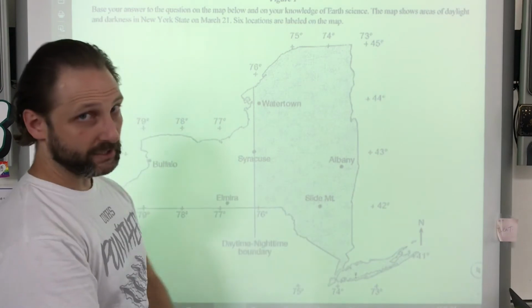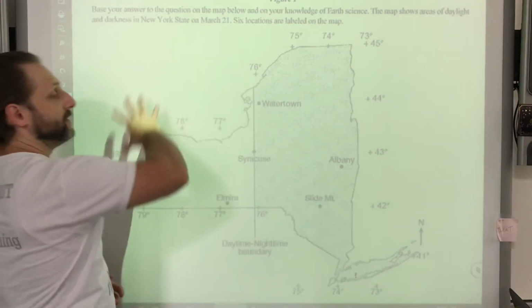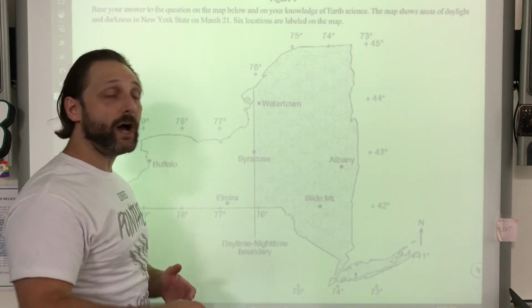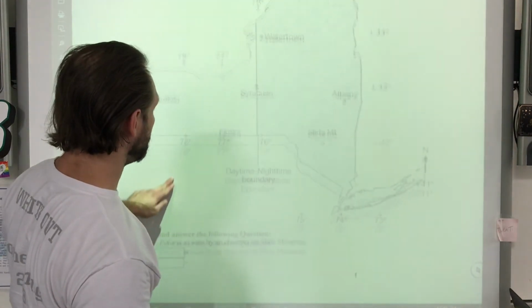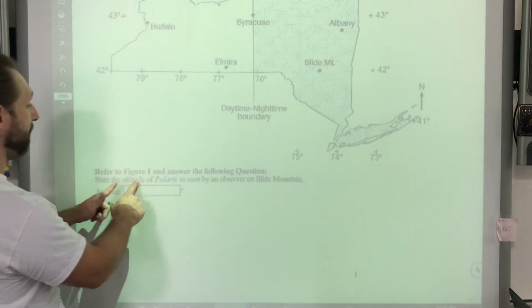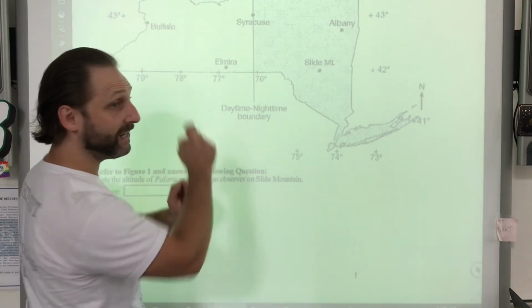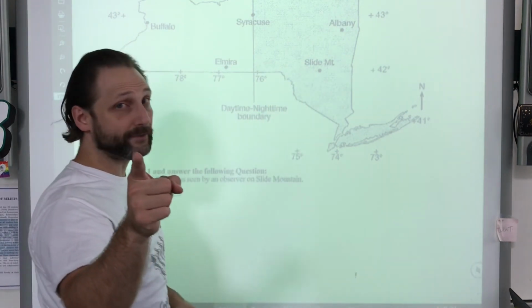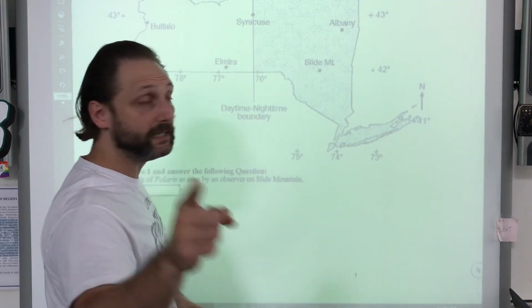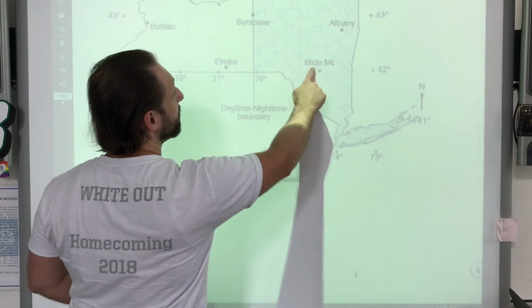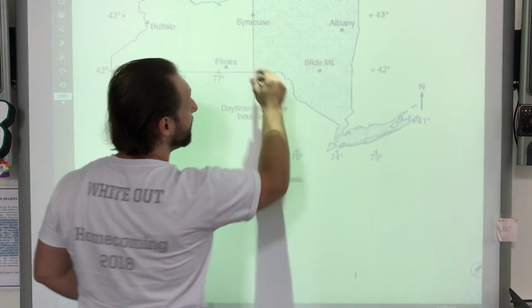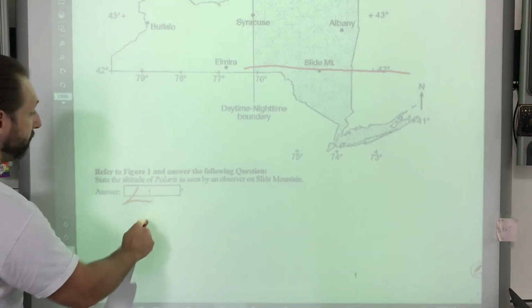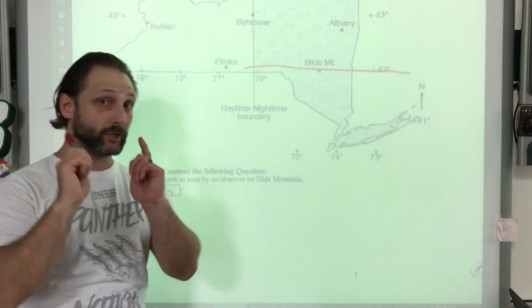Sometimes these maps are used for more than one question, but the one that applies to us is about Polaris. All right, so down here it says state the altitude of Polaris as seen by an observer at Slide Mountain. They're using a dot for Slide Mountain this time, which is a little tricky instead of a triangle, but it looks to me like it is lined up with 42 degrees. So we add a little 42 degrees there and you're good to go.